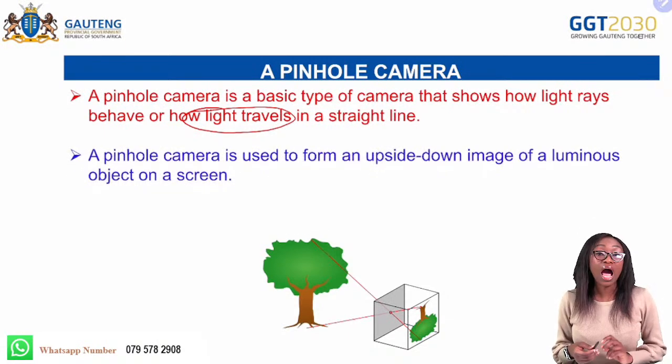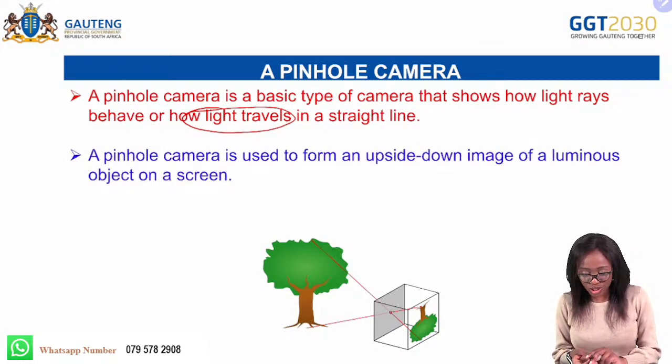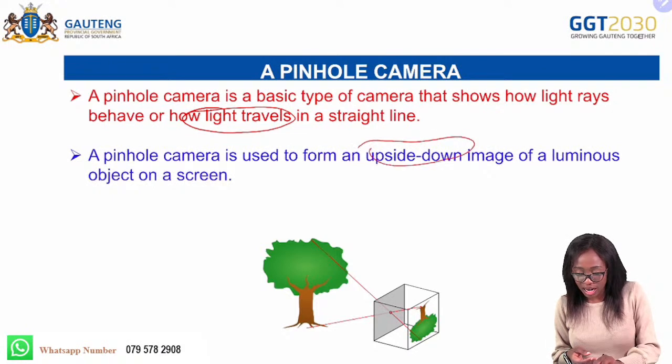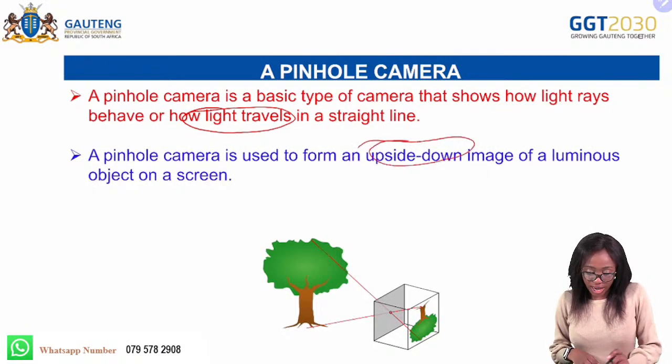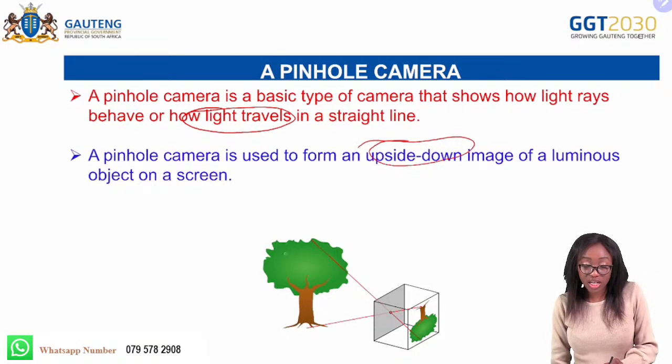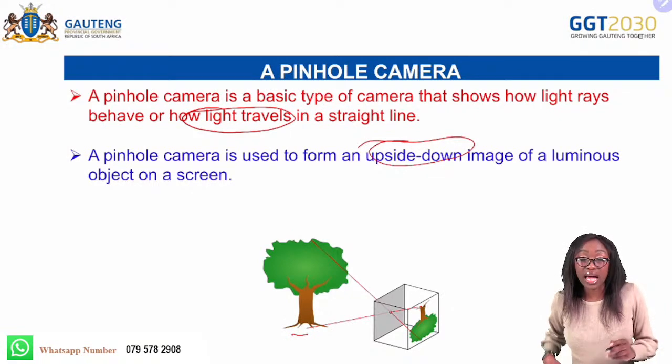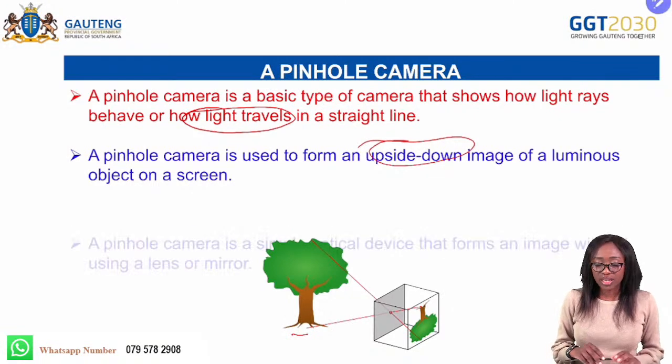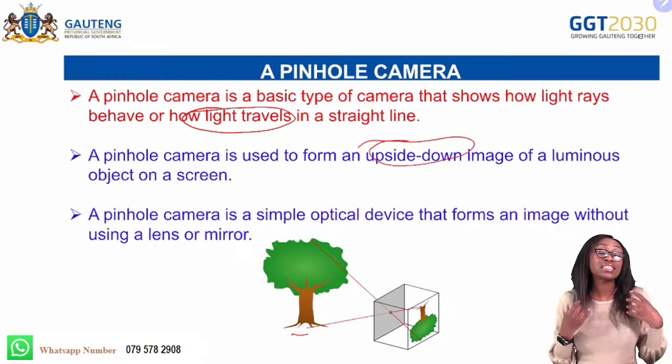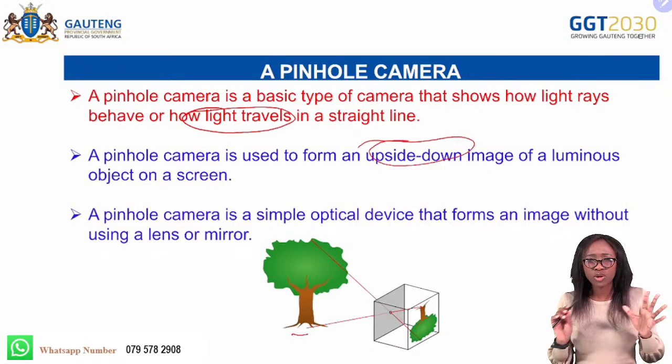So a pinhole camera is used to form an upside down image of a luminous object on a screen. So you see the tree here is upright and the tree on here is upside down. Now let's further define this pinhole camera.